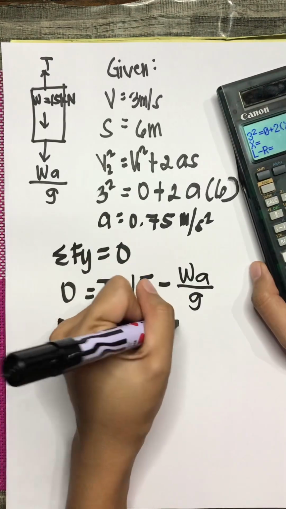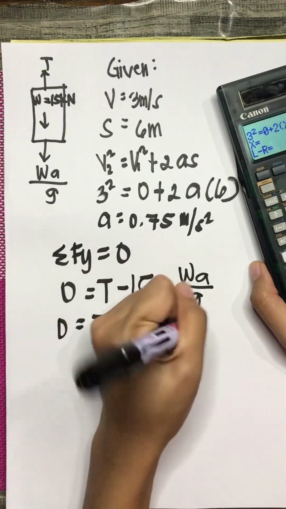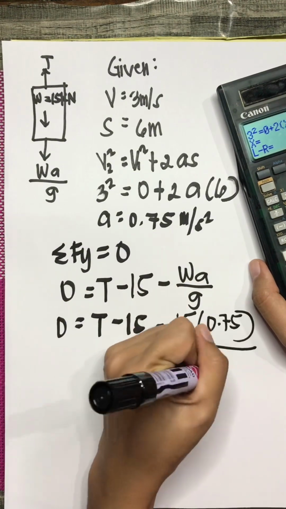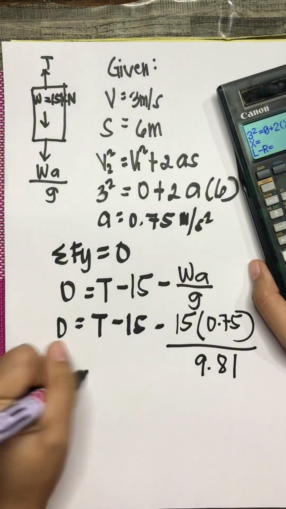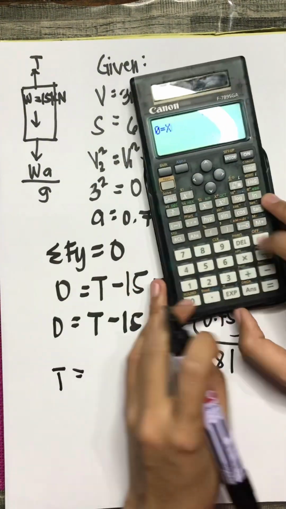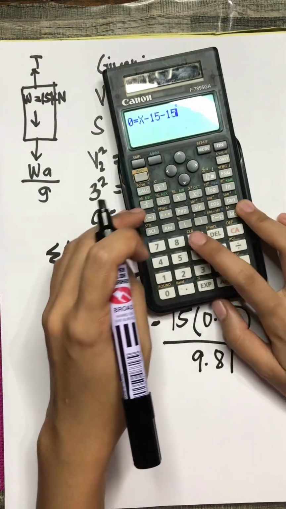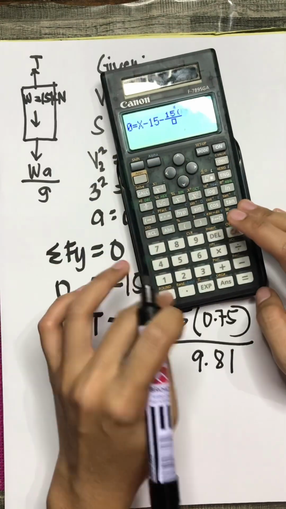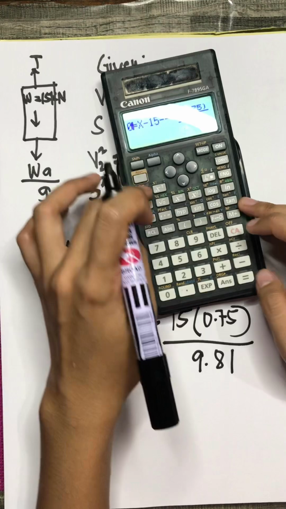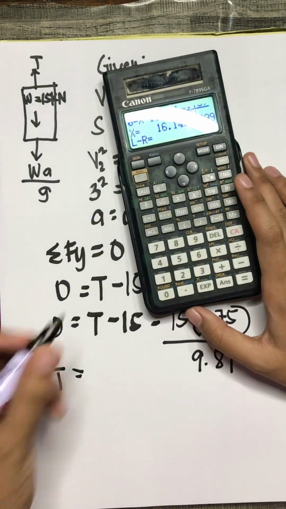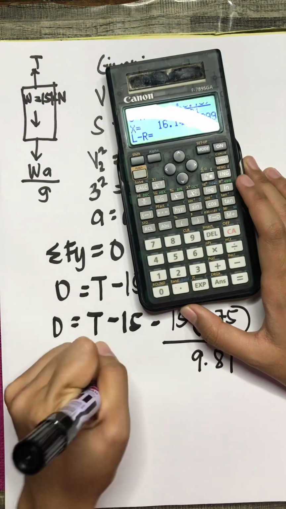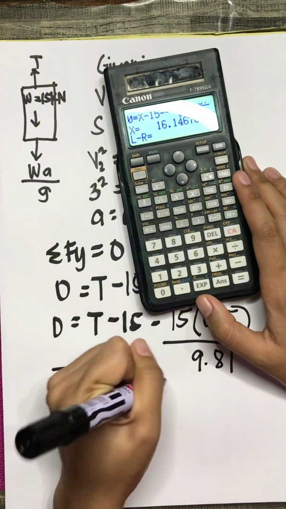Substitute the weight, that is 15, then acceleration 0.75 over the gravity of 9.81. So let's compute the tension. 15 times 0.75 over 9.81. Shift solve. So the tension equals 16.15 kilonewtons.